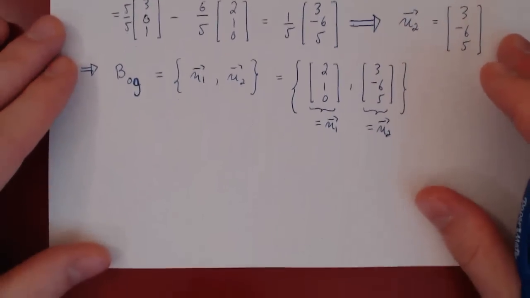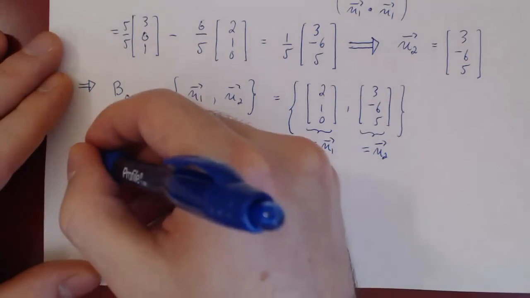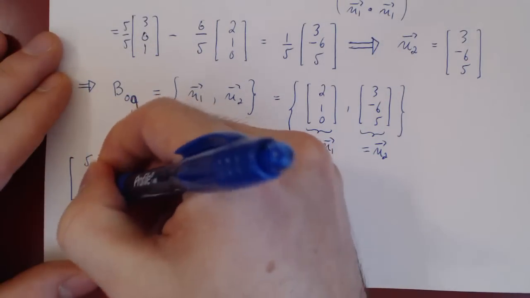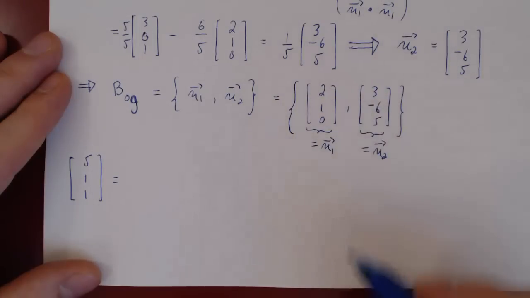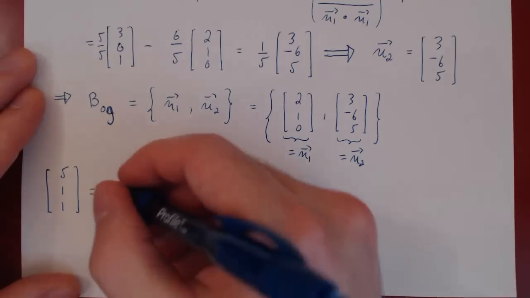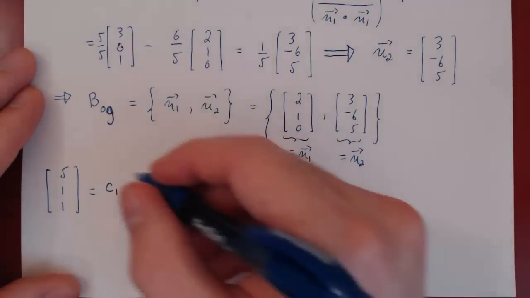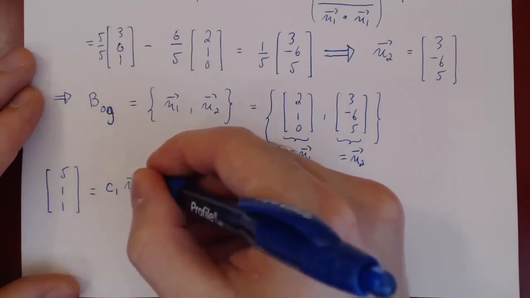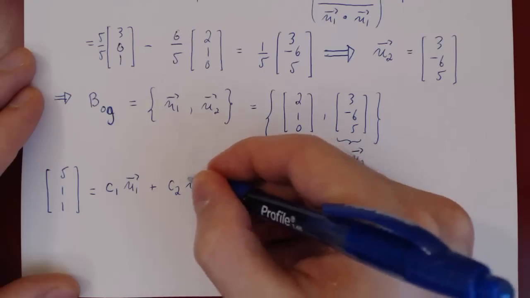And now we'll ask to express the vector (5, 1, 1) as a linear combination of our two orthogonal basis vectors. So we'll say, how can we get (5, 1, 1) with a multiple of u1 plus a multiple of u2?